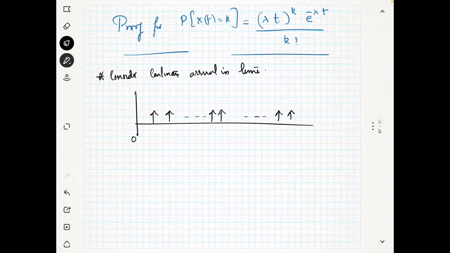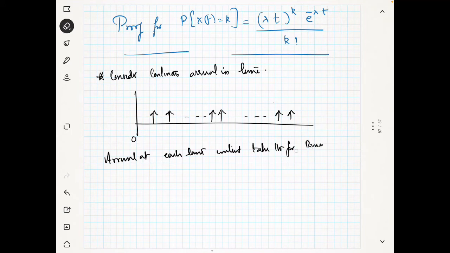I have already told you that the arrival at each time instant takes the form of a Bernoulli random variable. So the total number of arrivals is the total number of successes.